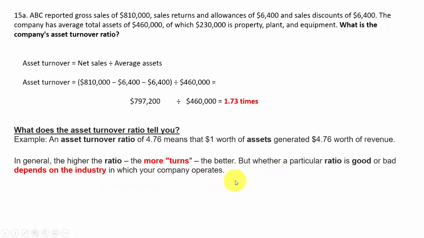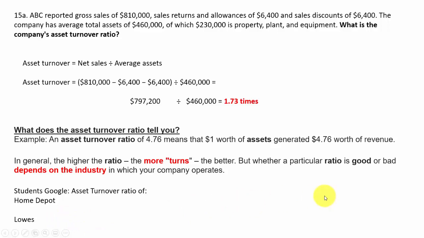And I would ask the class at this time to get out their calculators, get out their phones, and Google asset turnover ratio of Home Depot versus Lowe's. So before you do that, which I know you're going to do, which one would you think would have the better asset turnover ratio based on what you know about these two companies?